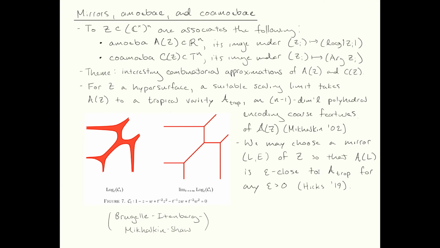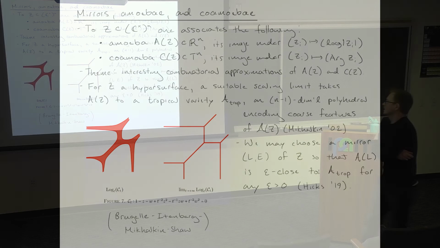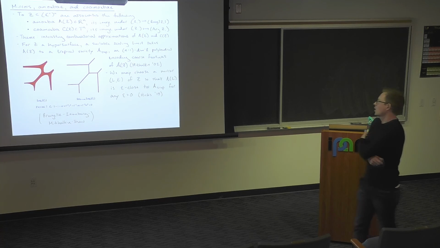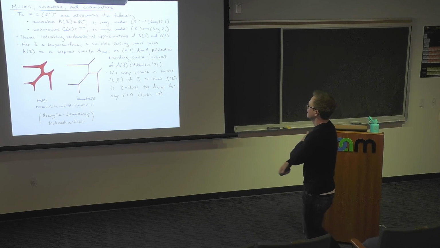We've already seen some pictures of amoebas in this workshop. And the thing that immediately jumps out at you when you look at the pictures is that they already look like pseudo-combinatorial objects. A precise statement in this direction is that, say if I have a hypersurface, then I can take a suitable scaling limit of the amoeba, and I'll obtain a tropical variety, which is a certain type of n-1 dimensional polyhedral complex, which retains the coarse features of the amoeba.